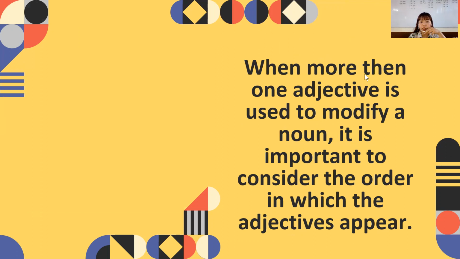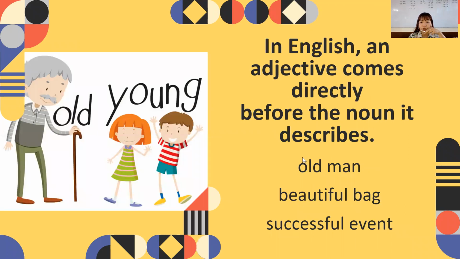So when more than one adjective is used to modify a noun, it is important to consider the order in which the adjectives appear. Of course, if you only have one adjective modifying or describing your noun, of course, it would be placed right before the noun as it is.